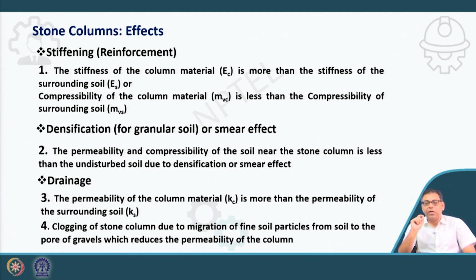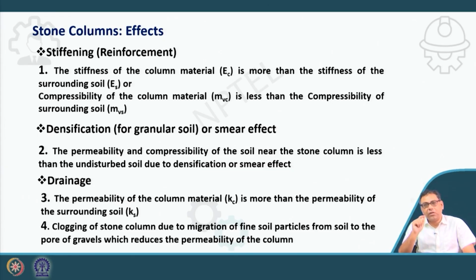So in the drainage, another important thing is that when excess water pressure is generated, it will dissipate through the column. During the dissipation, the fine soil particles present in the surrounding soil will also travel with the water, enter into the stone column, and block the pores of the stone column.